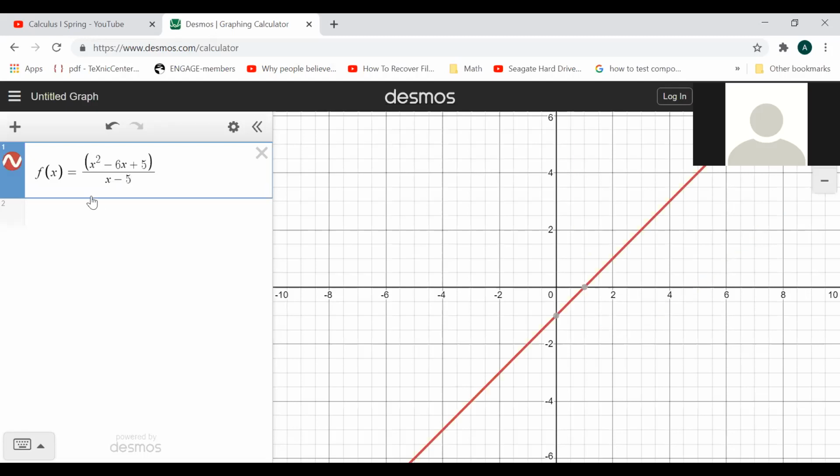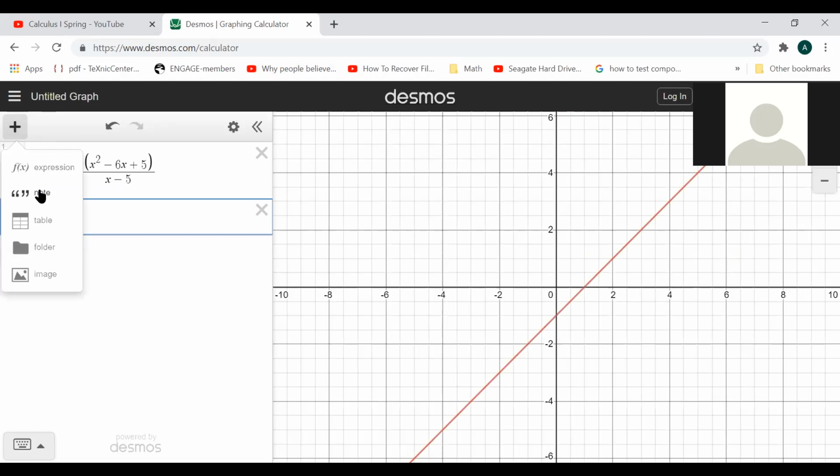All right, so this is what I want to use. I'm going to write a note to myself here. I want to calculate the limit as x approaches 5 of this function f of x.